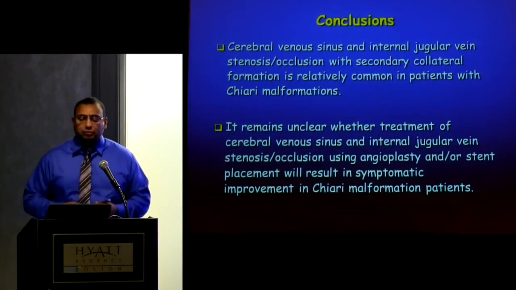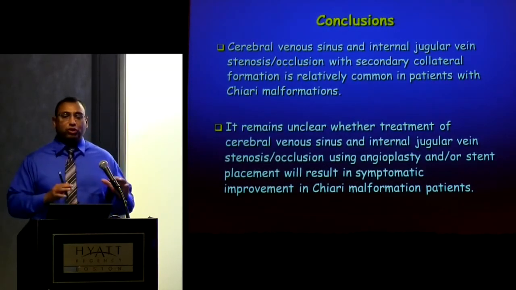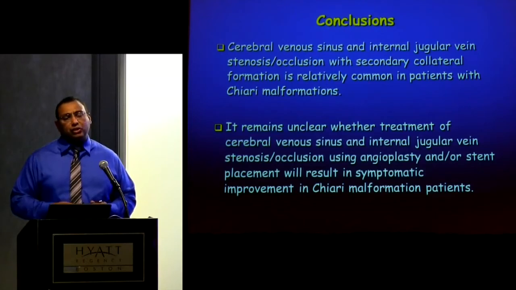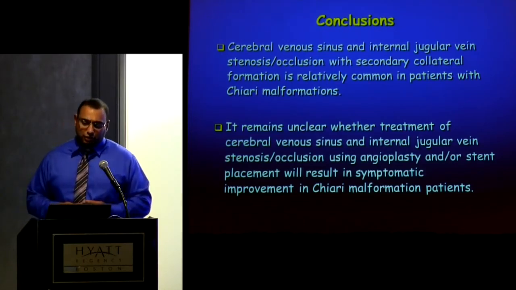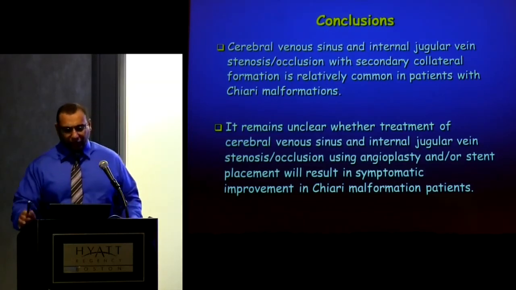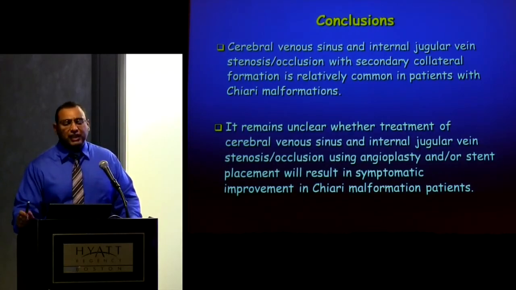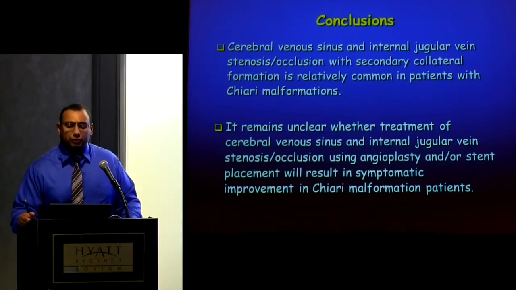Now I know that the time is short, so I wanted to focus on some of the elements that I thought were most pertinent to this concurrent existence of venous anomalies and Chiari malformations. I'd like to conclude with the following statements. Cerebral venous sinus and internal jugular vein stenosis and occlusion with secondary collateral formation is relatively frequent in patients with Chiari malformation.